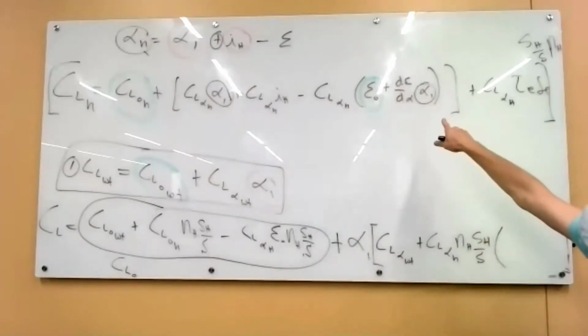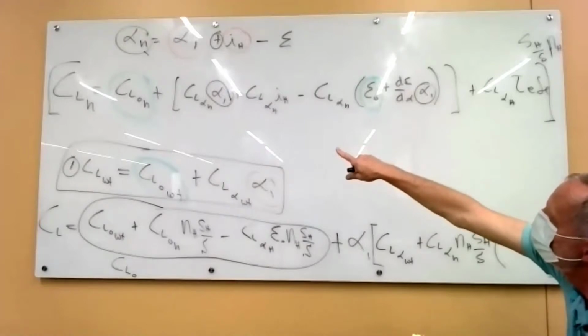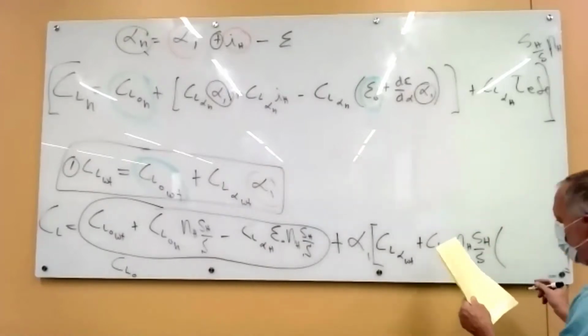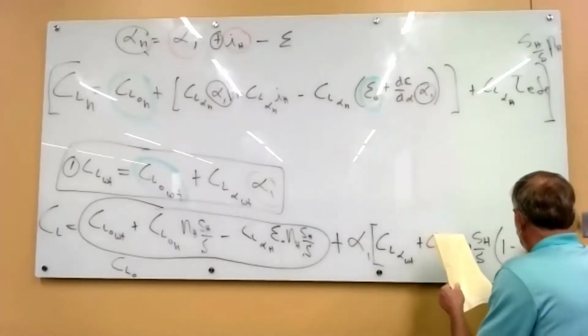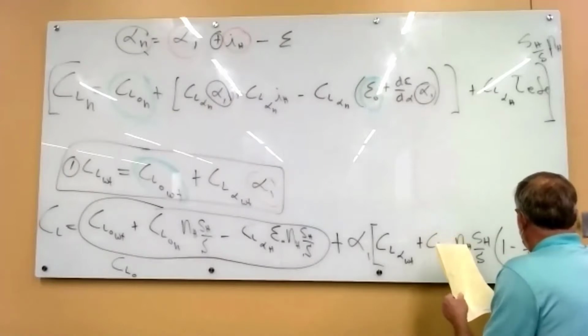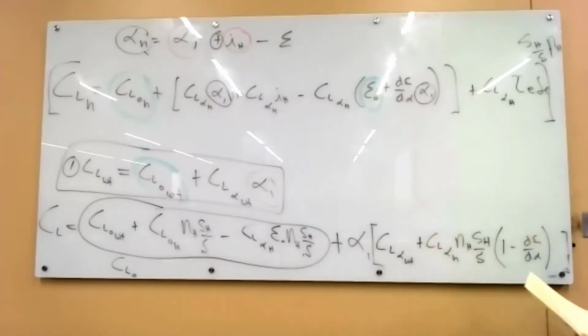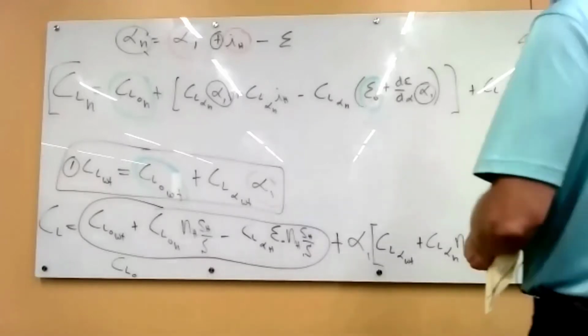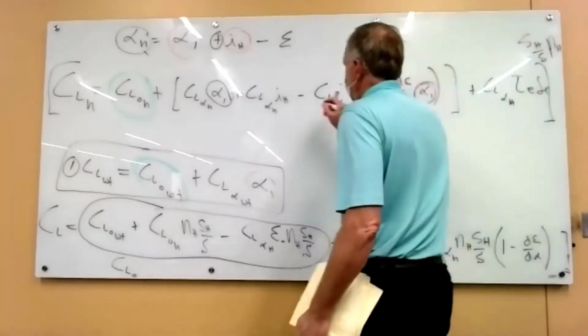And notice the only difference between those is d epsilon by d alpha. So we can multiply by 1 and then this, and we can factor out and get that term there. So those are the red terms. Let me go ahead and redify them. So it's this term here.